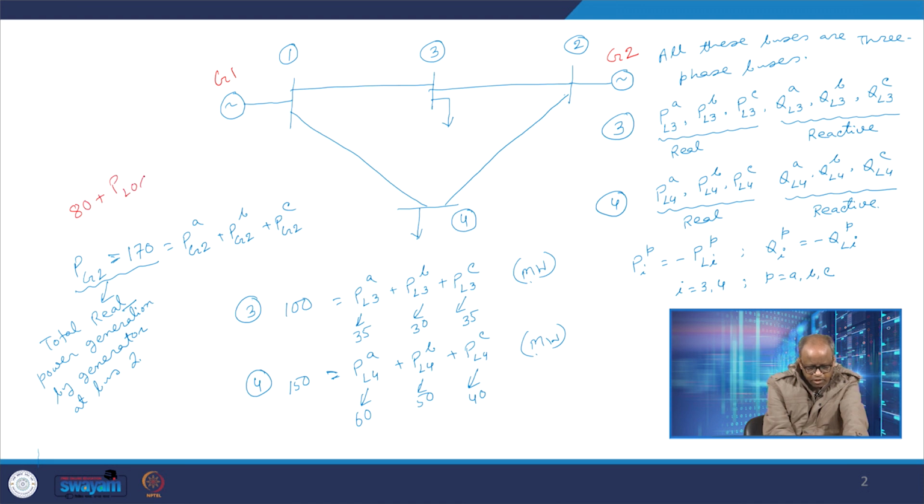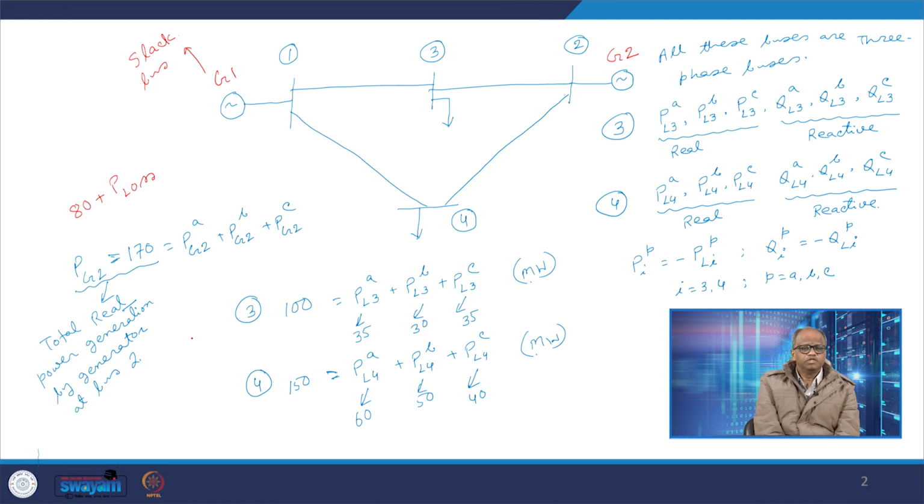But because we do not know the amount of loss, I really cannot pre-specify the total generation from G1. So for one generator we really cannot pre-specify any real power generation. If I say that this is the slack, then for the slack bus, we really cannot pre-specify any real power generation.